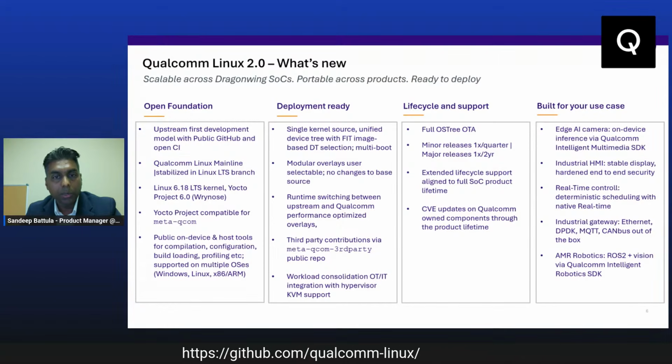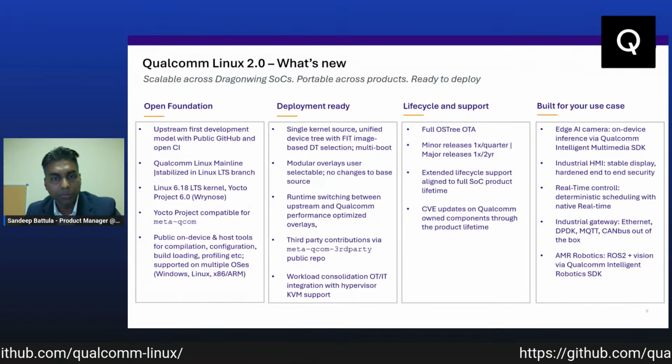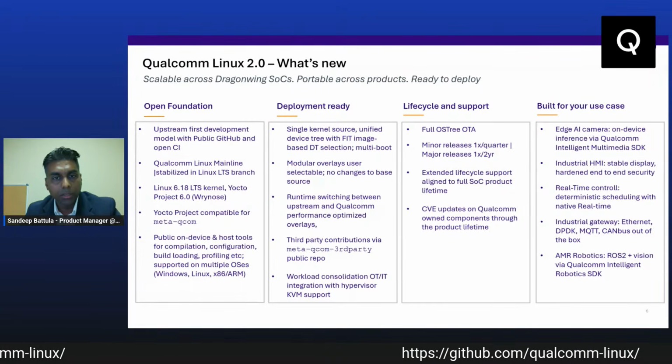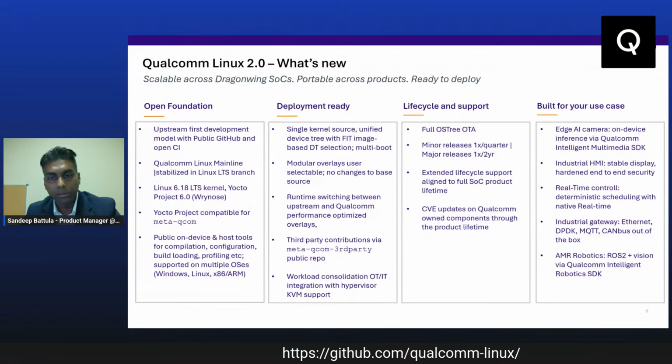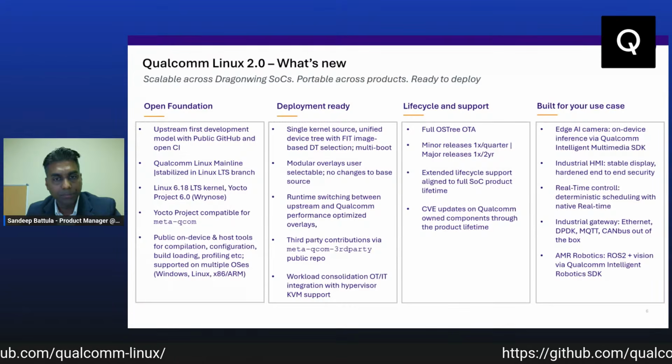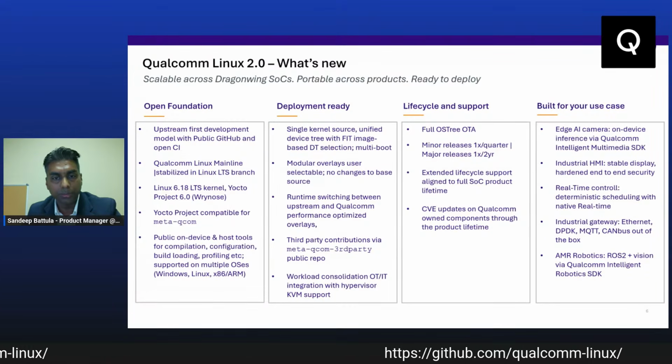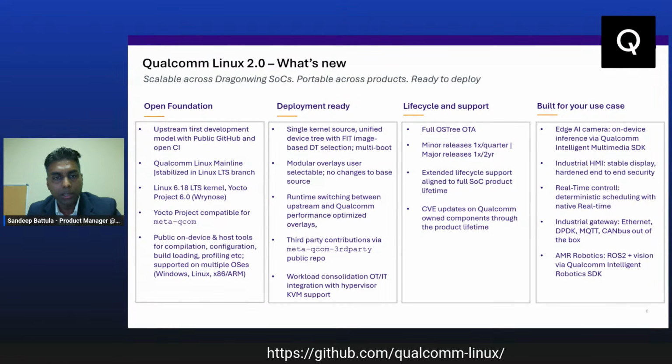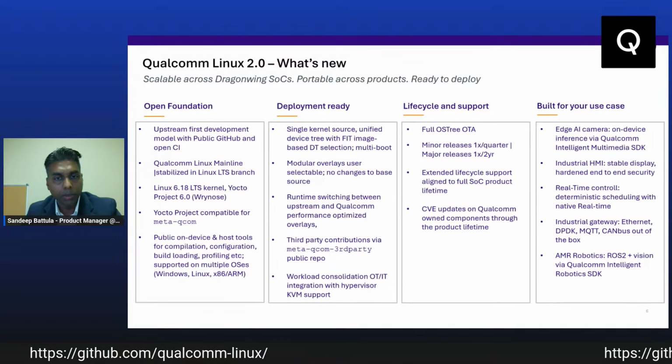As you unlock these new features and the full performance of the SoC, you don't have to change the base source. All you have to do is install these modular overlays, and you can switch between the upstream and these performance optimized overlays both at runtime and also build time.